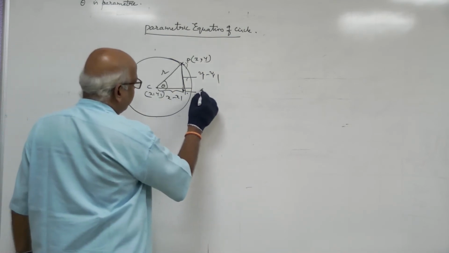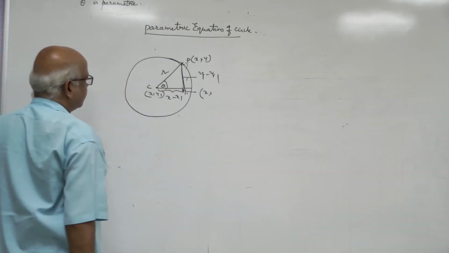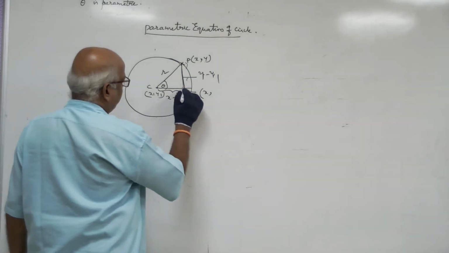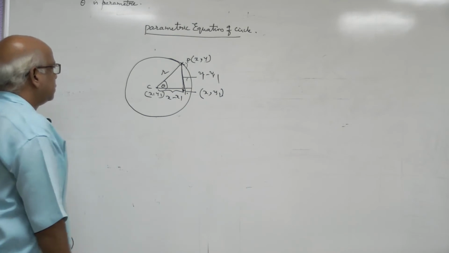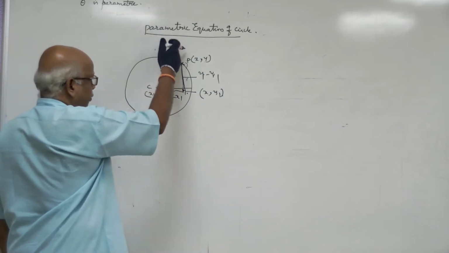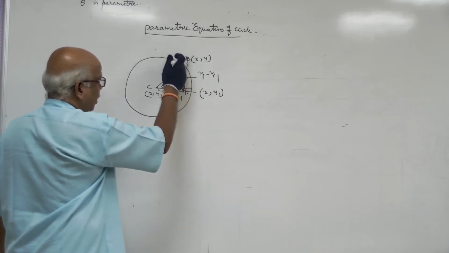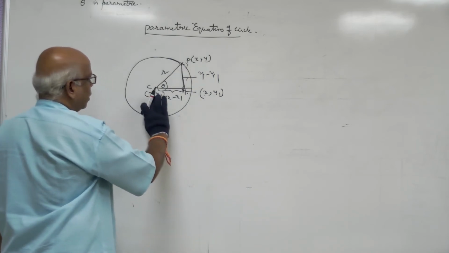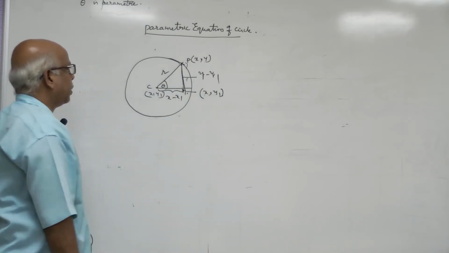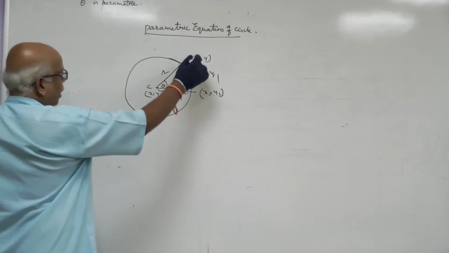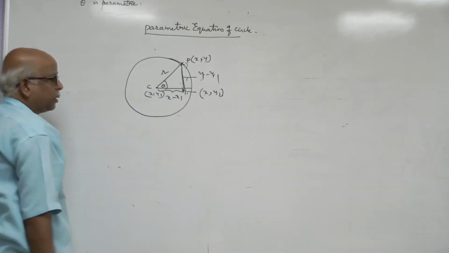Or in other words, M coordinates can be taken as (x, y1), because on this line the x coordinate is x and the y coordinate is y1. Therefore (x, y1). So y minus y1 is the length here, and x minus x1 is the length.